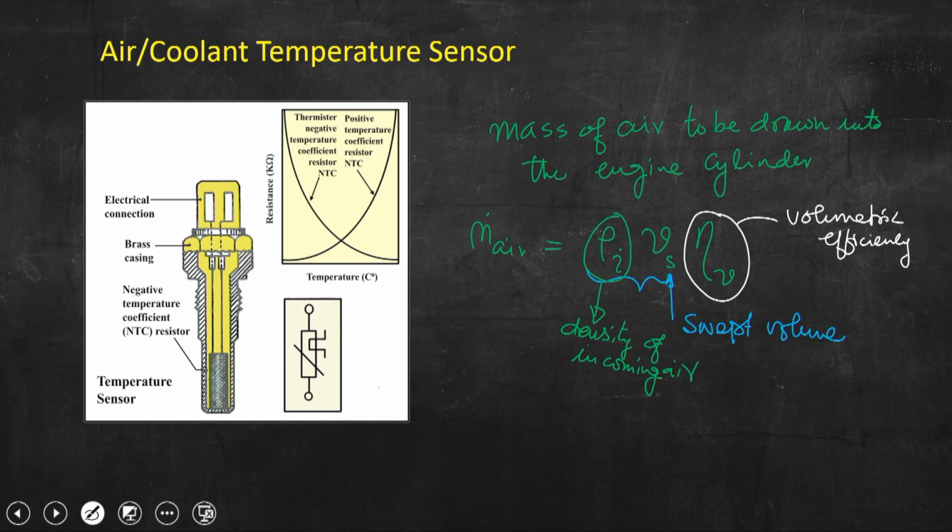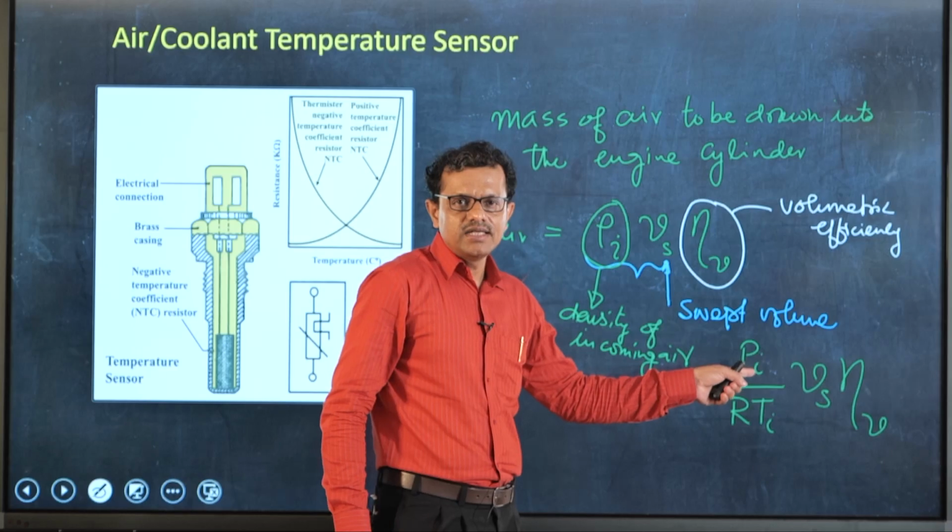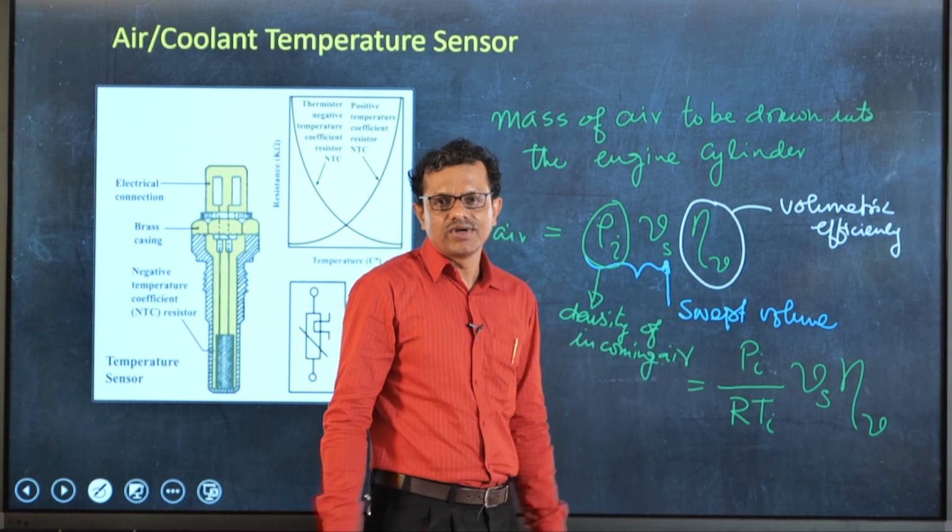So, we can have this expression in a slightly different form, that is, P_i by R T_i, V_s, eta_v, where the subscript i stands for the incoming quantities.